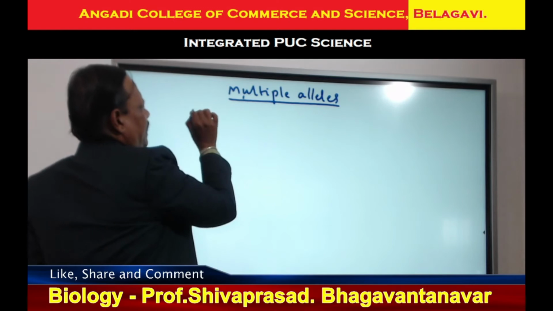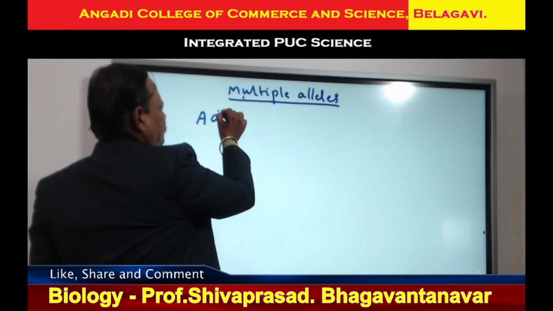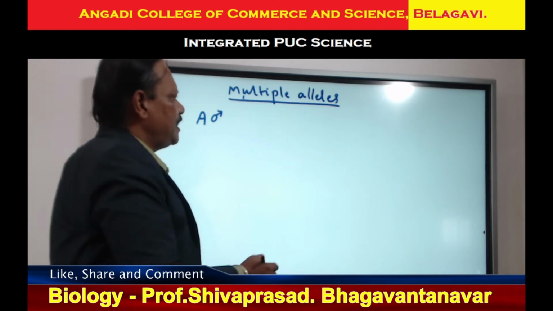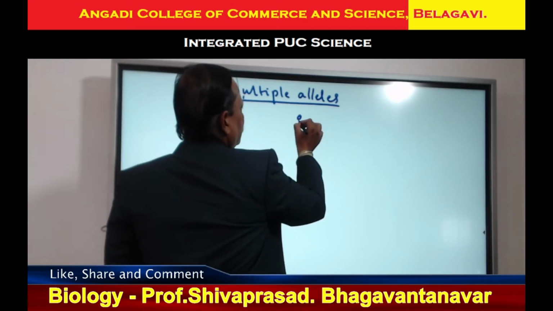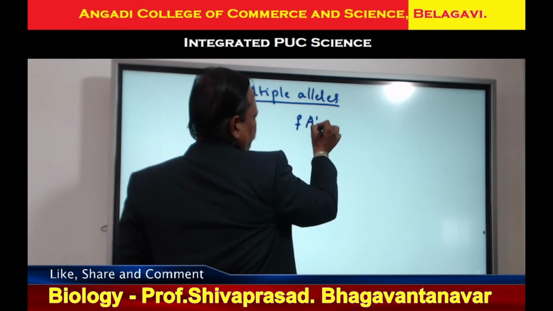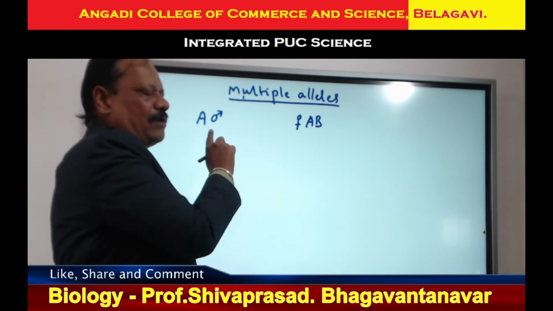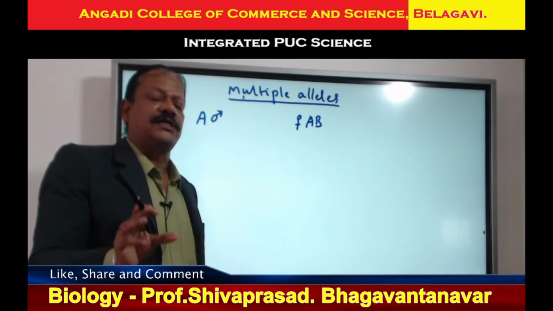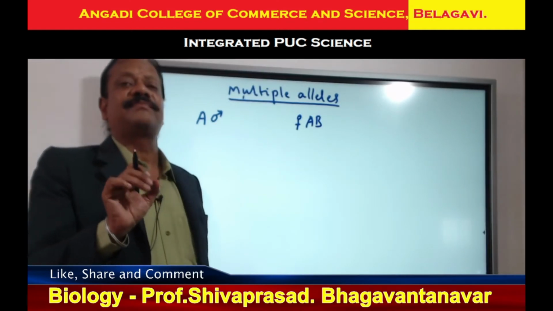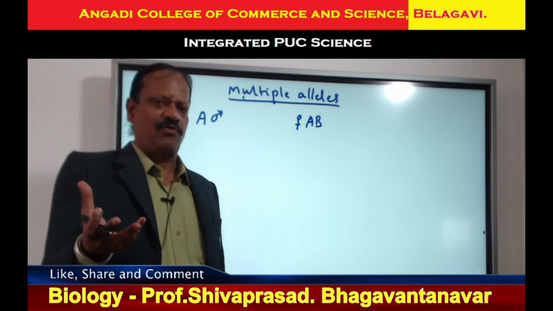Father is having A blood group and I am considering him as male, and female mother is having blood group AB. Now you have to find out the blood groups of their children. For that purpose, you have to find the possible blood groups.